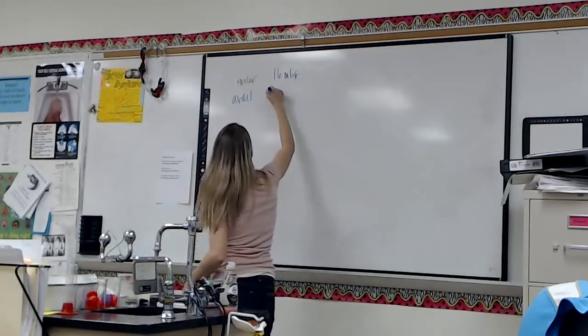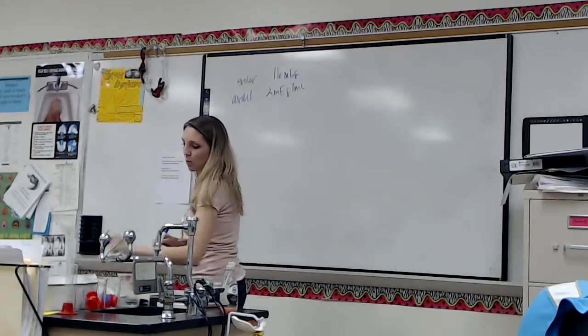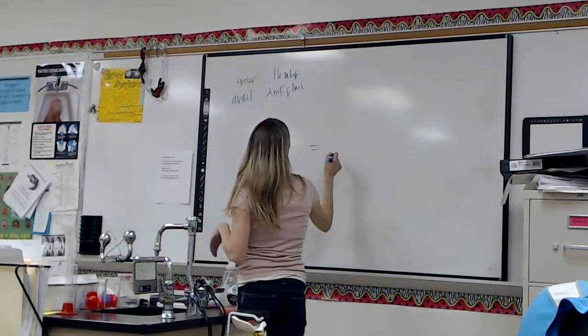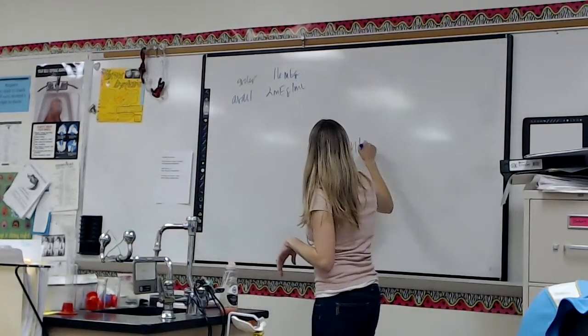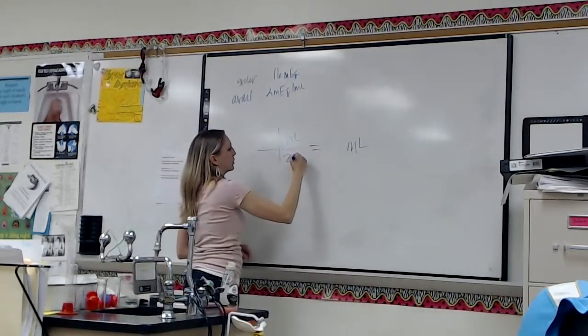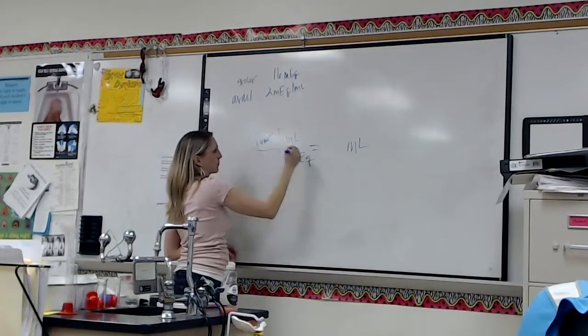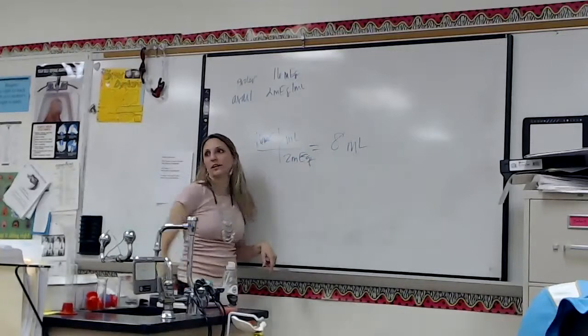Sorry, I didn't say that. 2 milliequivalents per milliliter. Okay, so what volume are we going to add to get 16 milliequivalents? Per milliliter you have 2 milliequivalents, and you have 16 milliequivalents for your order. Yeah, 8 milliliters. Yes, so 8 milliliters is what you're going to have.